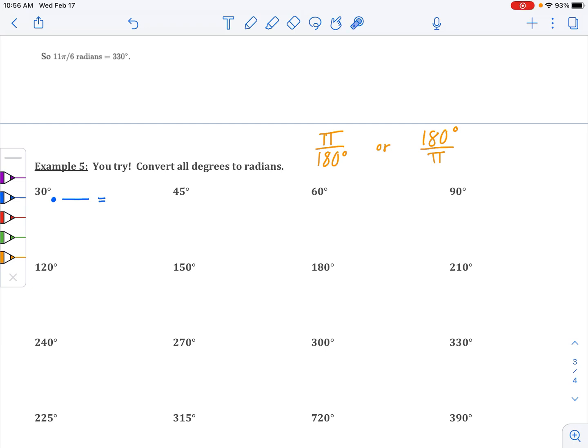Since I have degree on top, degree needs to go on bottom for me to cancel. With the degree on bottom, it shows that pi needs to be on top, and I'm using the first conversion. Multiply across, you'll get 30 pi over 180, which will give you pi over 6. Degrees cancel. I want to make that very, very clear.